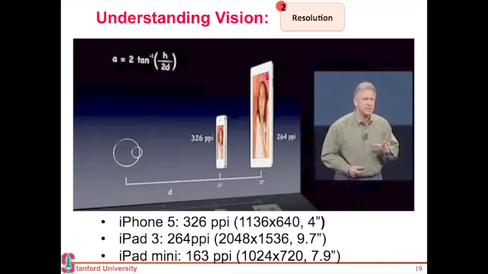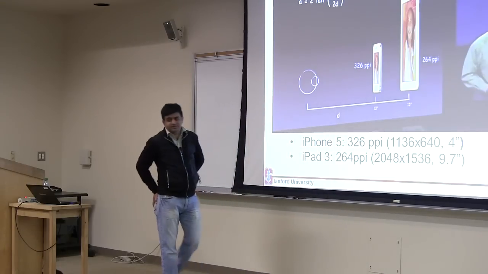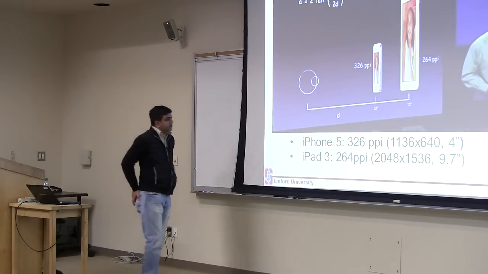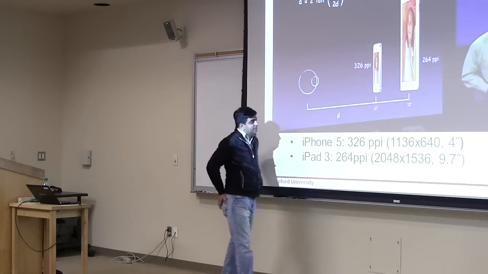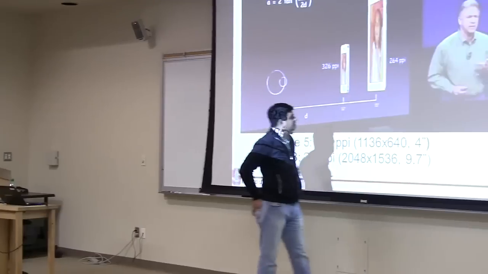You can't distinguish between the individual pixels. That's what Apple has a marketing term for, called retina display. But the same analogy, if you apply it to a tablet, the operating point is 15 inches away from your face, and so the resolution required for a tablet is 250 pixels per inch if you hold it 15 inches away.